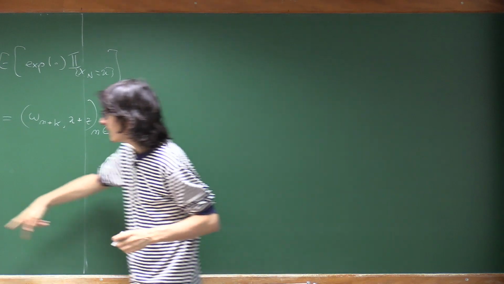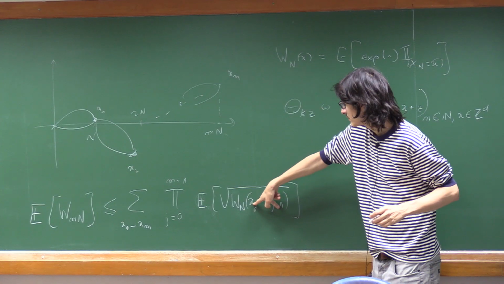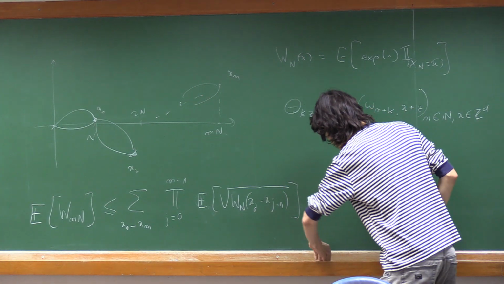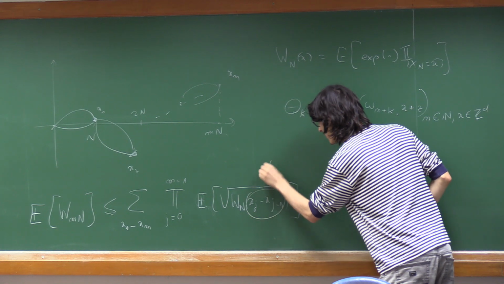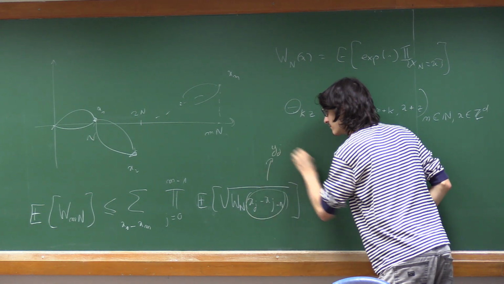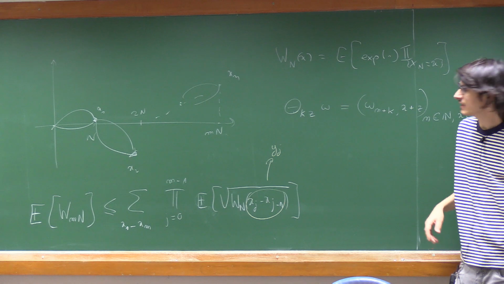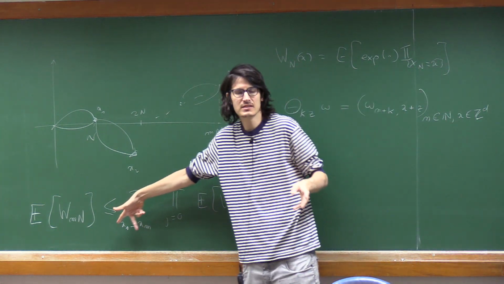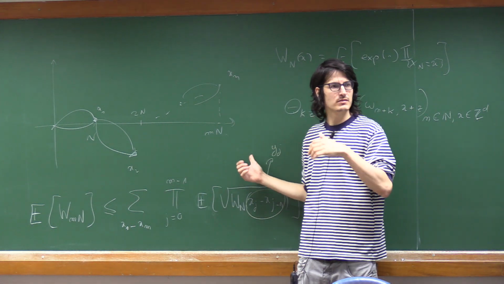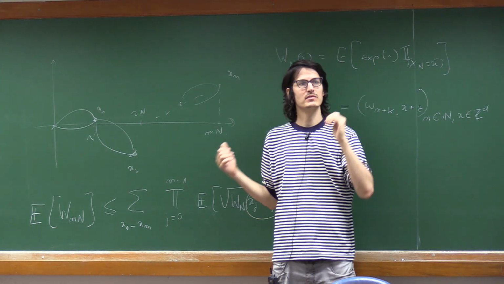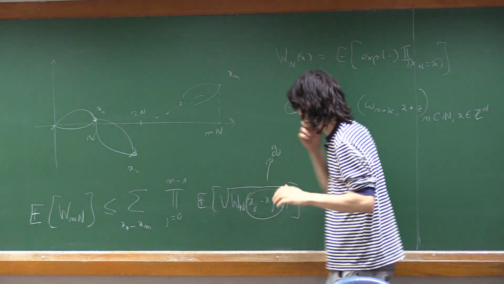Now you can reorganize this. You make a change of variable, you call this yj. So summing over the x's is just the same as summing over the y's. This change of variable from x to y is bijective.